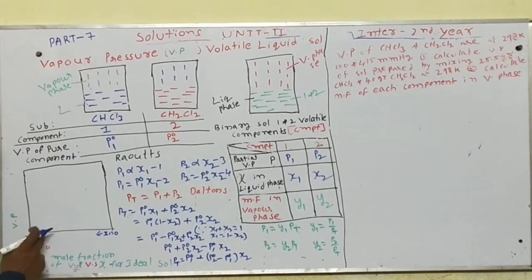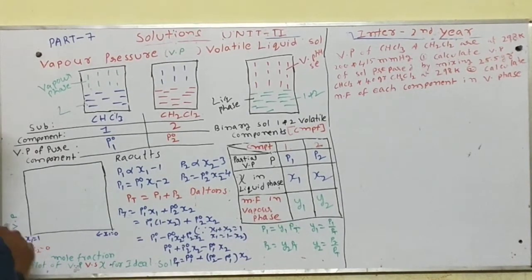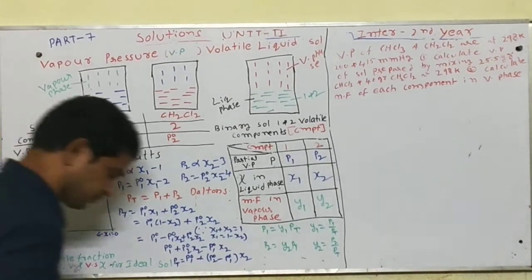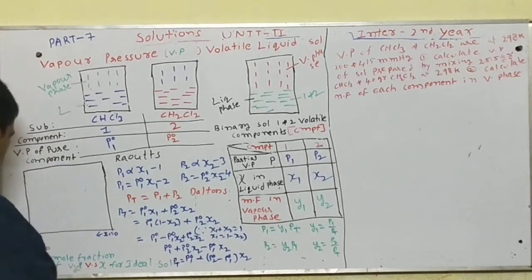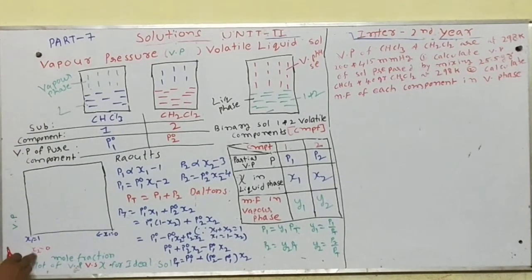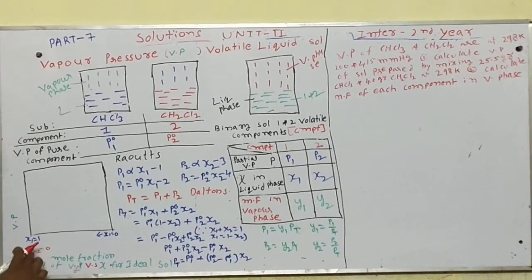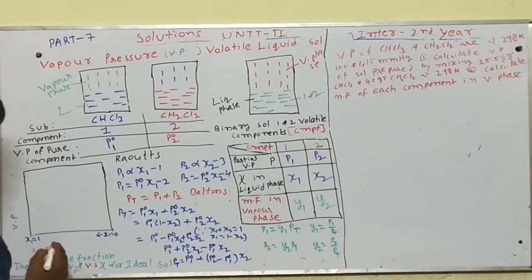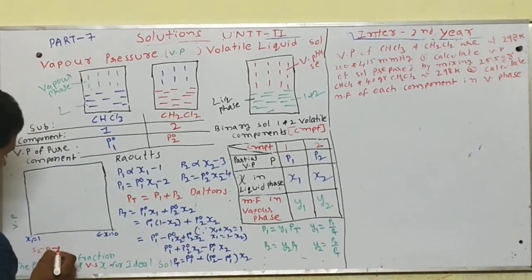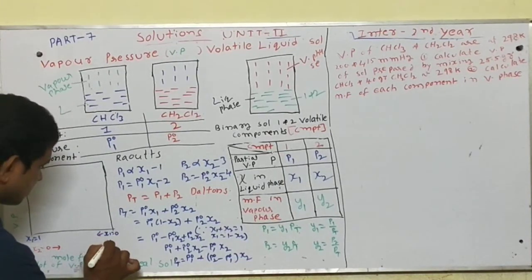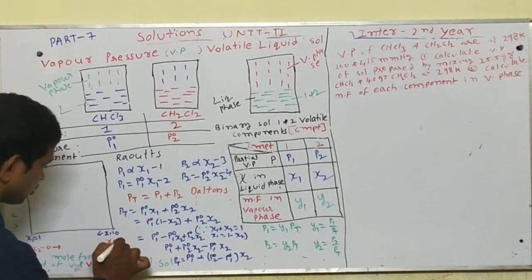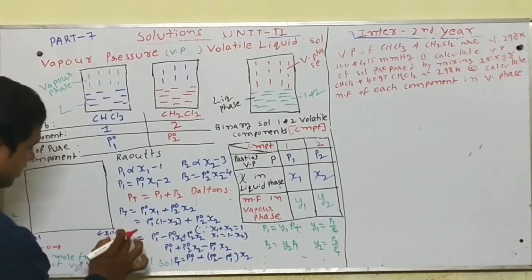That means pure component 1 is present here. Okay, next I take x2 this side, the mole fraction of x2 is 0 this side, and it gradually increases from left side to right side and reaches x2 equals to 1 at this right corner.